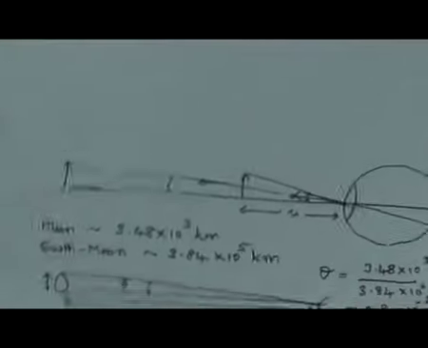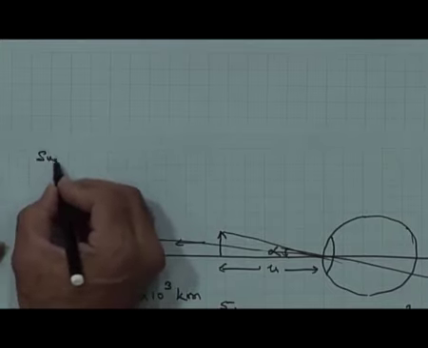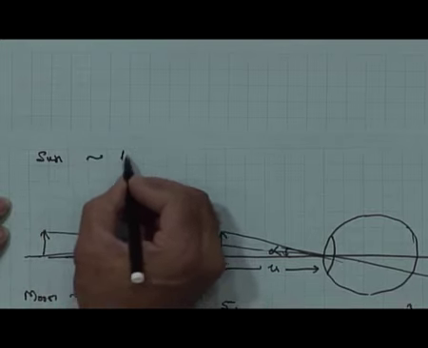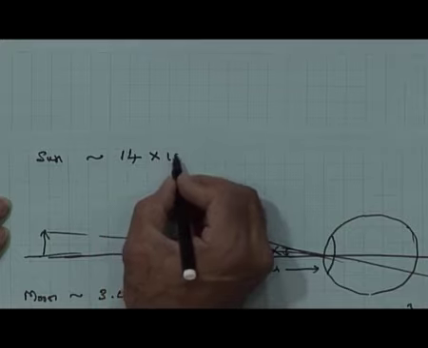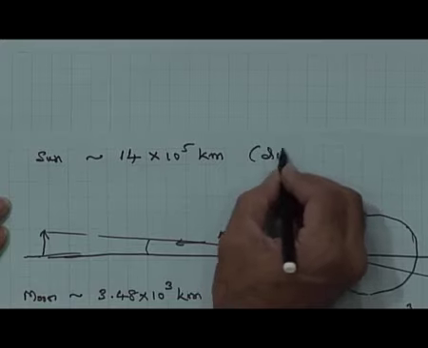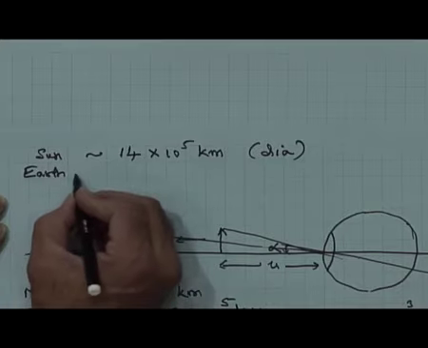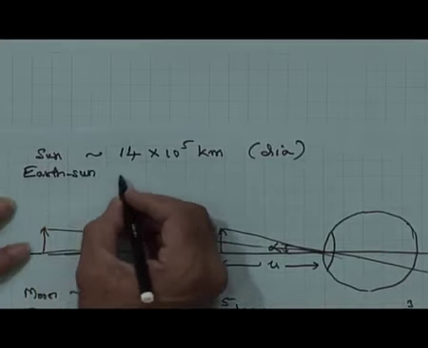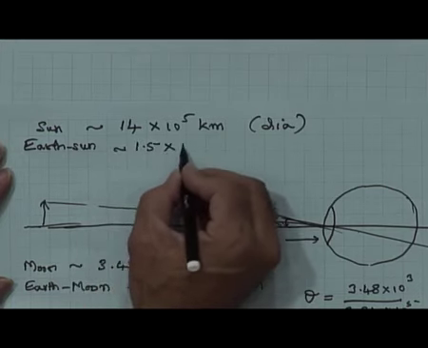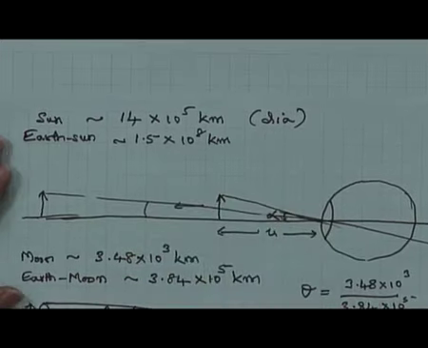Similarly, if you take the Sun, the average diameter of the Sun is approximately 14 into 10 to the power of 5 kilometers. This is the diameter of the Sun, and the distance from Earth to Sun is approximately 1.5 into 10 to the power of 8 kilometers, or 15 into 10 power 7 kilometers.